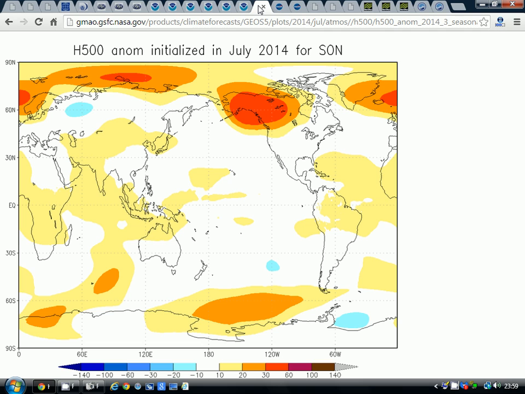NASA next, can you believe that the Space Agency has their own seasonal model? But they do. Here it is. This is a 500 millibar height anomaly prediction for September to November. British Isles again is just here on the far right hand side of the map as you're looking at it. Above average heights setting up to the north and the northeast of the country, extending from Iceland and going through to Scandinavia over here.